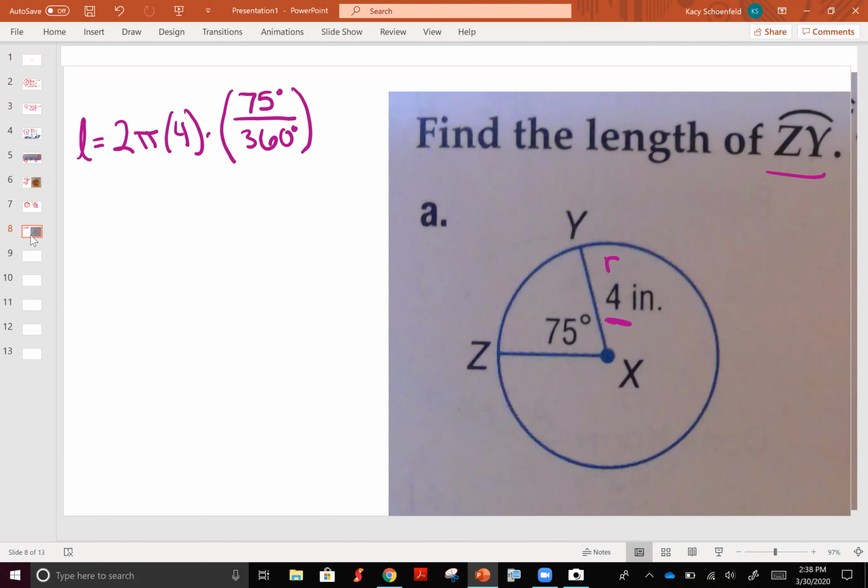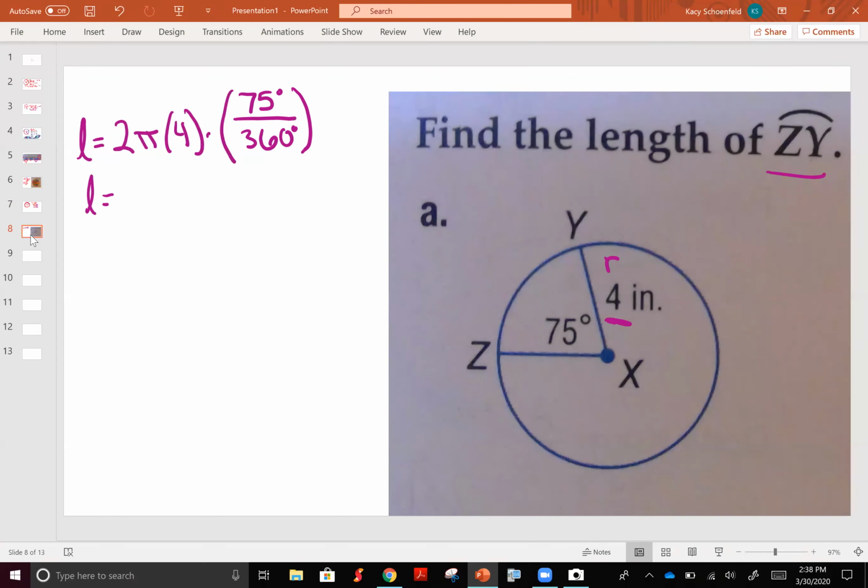You could probably just type this straight into a line in your calculator. It doesn't matter if you use the pi button or 3.14. You can type in either way. And then just at the end, divide by 360. Get that all in there.